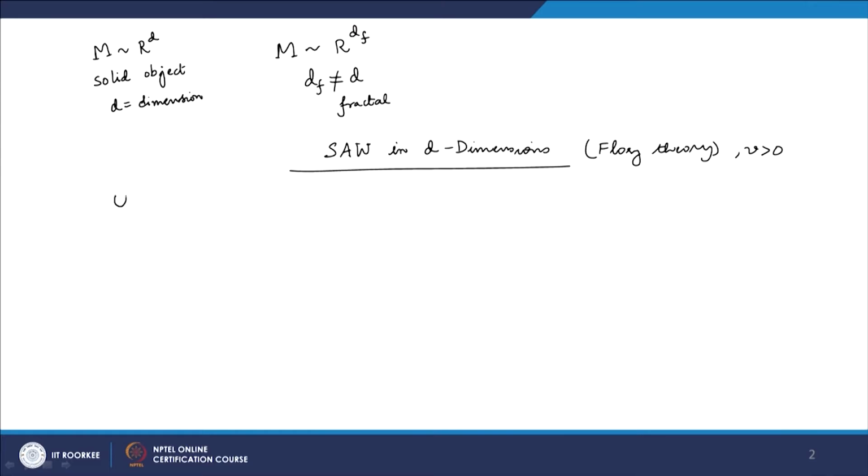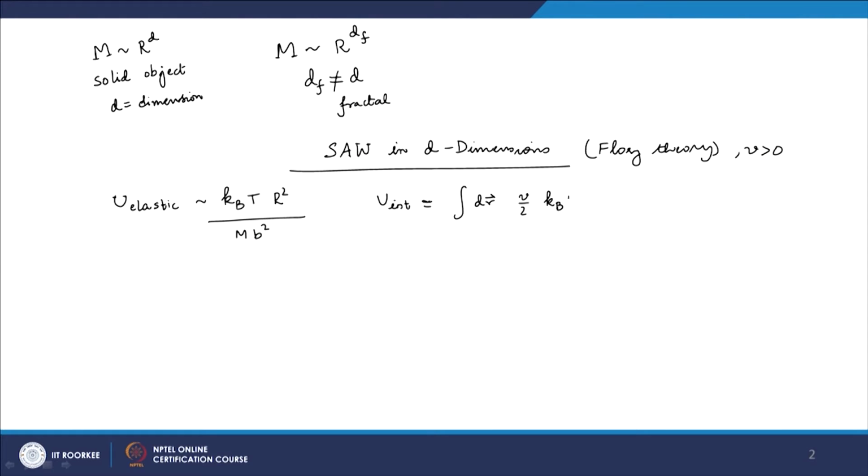For the elastic energy, we use the relation we derived for the ideal chain case, and for the interaction energy we start from the virial expansion, keeping only the first term, and then we assume that the concentration is uniform in the volume.